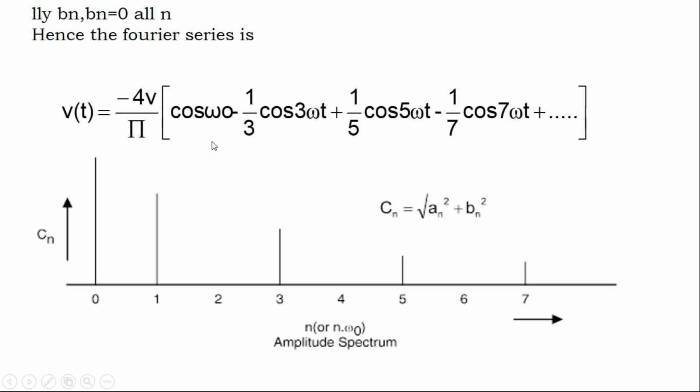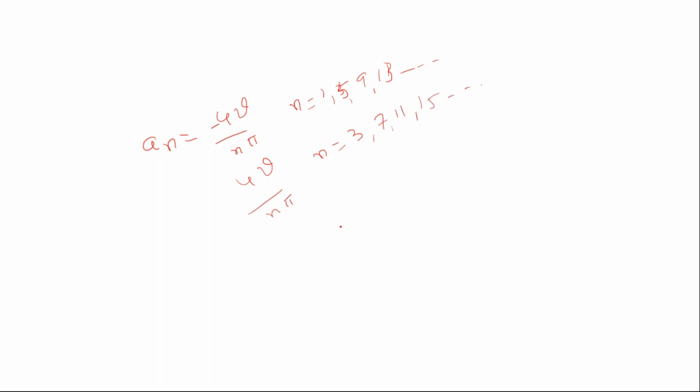Just see, I'm going to write here. Your An is minus 4V by n pi for n equal to 1, 5, 9, 13, and so on like this. And it is 4V by n pi when n equal to 3, 7, 11, 15, and so on.